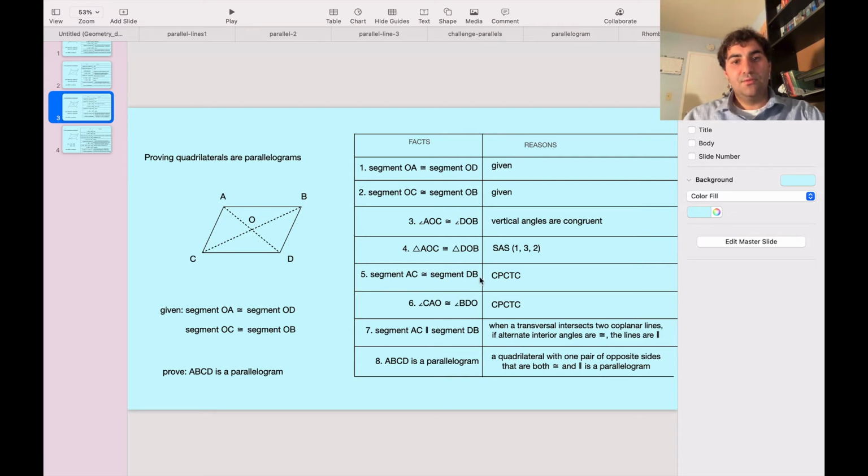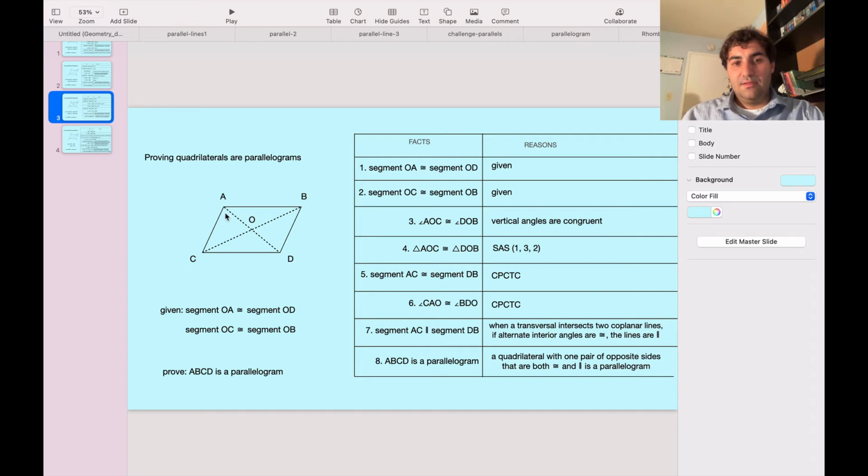Now I can use corresponding parts of congruent triangles are congruent to get segment AC congruent to segment DB, and you can read that off by the ordering in the triangle congruence, AC and then here you have DB, right? We also know from this triangle congruence that angle CAO is congruent to angle BDO, right?